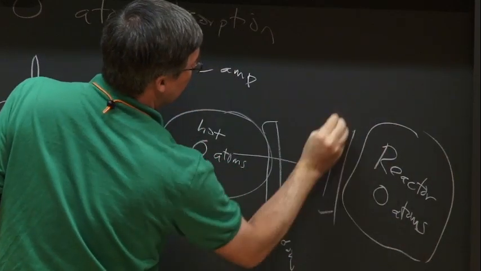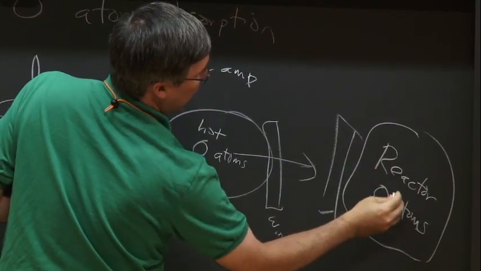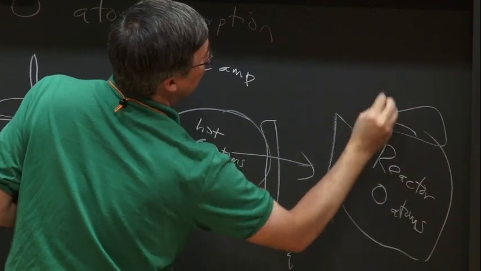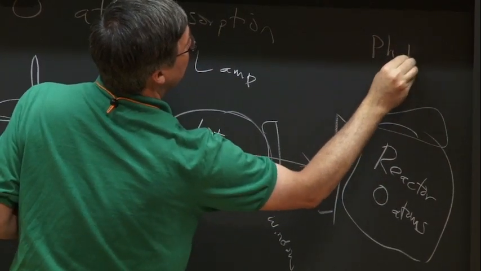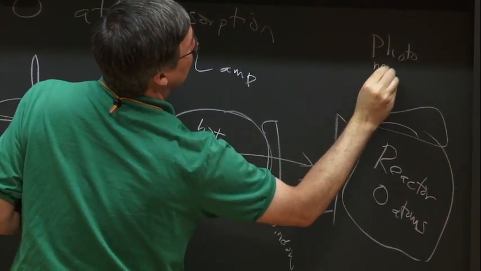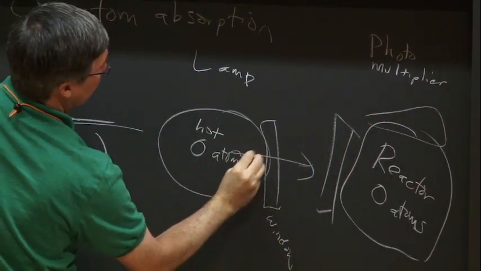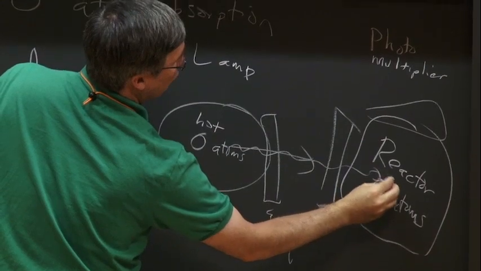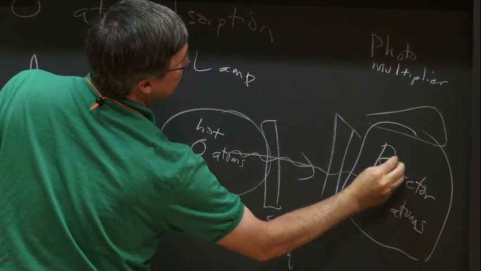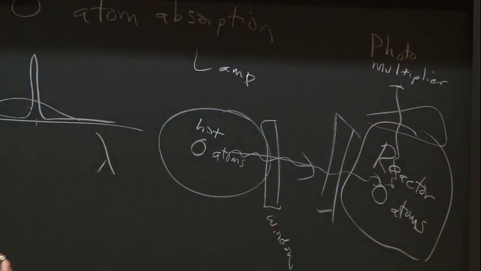So I have another window over here, and then a third window over here, and here's my photomultiplier tube. The way I want this to work is I want to make a photon, I want it to go through, I want it to get absorbed, and then I want it to fluoresce into my detector.